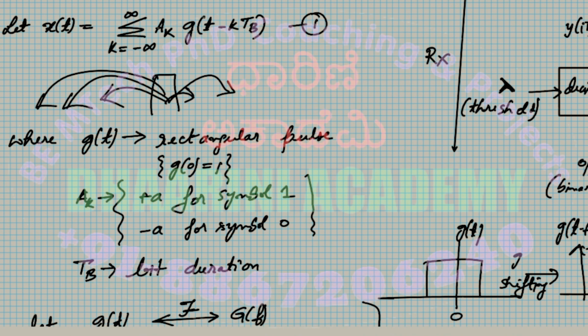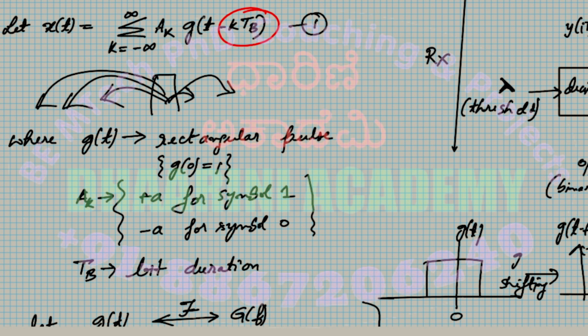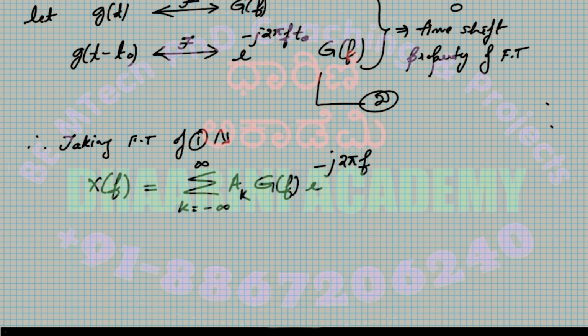Let's go back. You see, there is no t naught, there is k Tb. So that k Tb should come in my equation now. So f into, instead of t naught, I'll write k times Tb. You understood why? Okay, fine. Let me call this equation number 3.